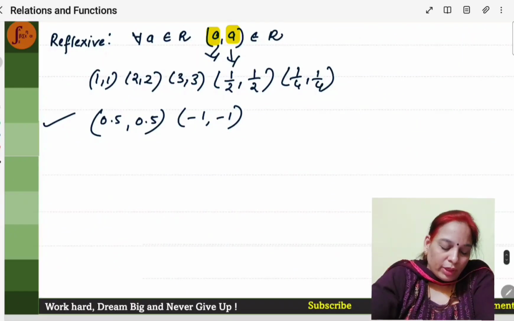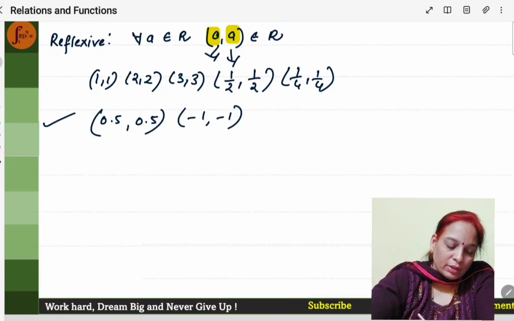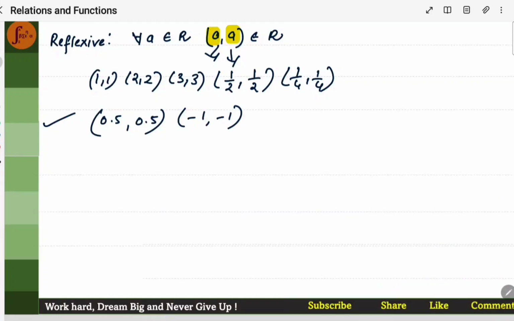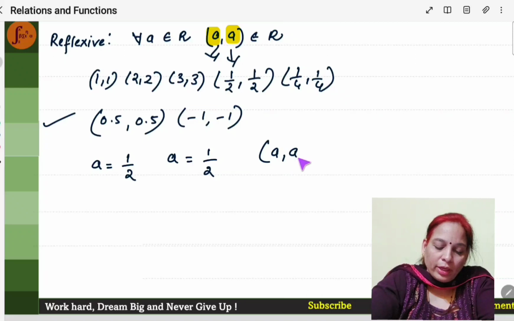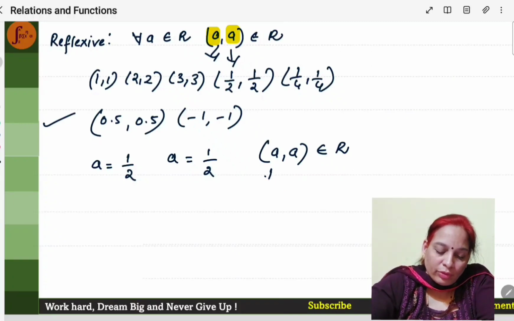Now, for example, for reflexive, both first and second element should be the same. Say I take A as half. Now what should the second element be? The second element also should be half for reflexive, because I'm going to take A comma A, right? And A comma A should belong to R. Now what is the first element? The first element is half, okay?